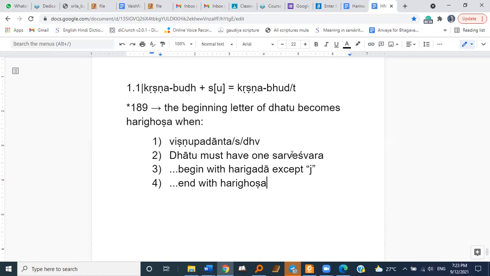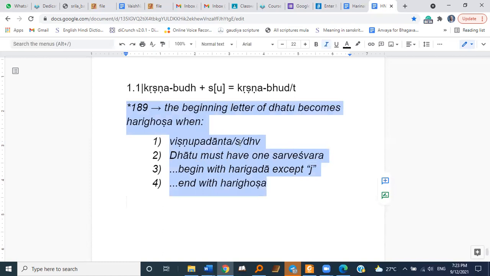Then this rule will be applied, like in this case. So this was Sutra 189.